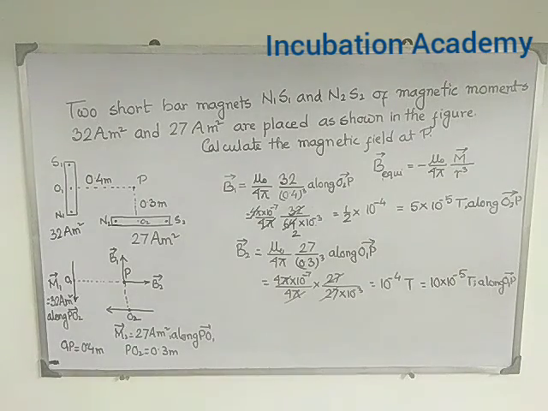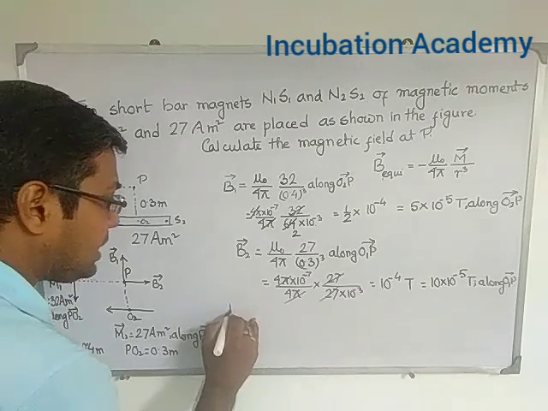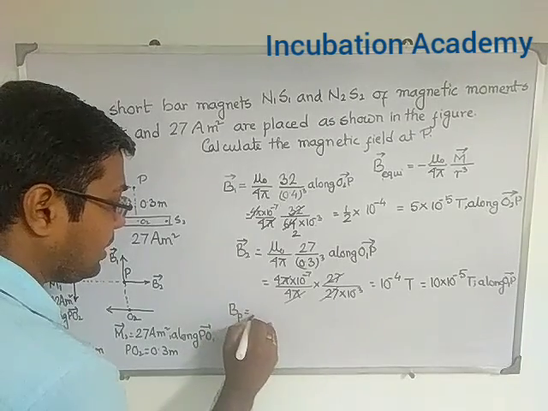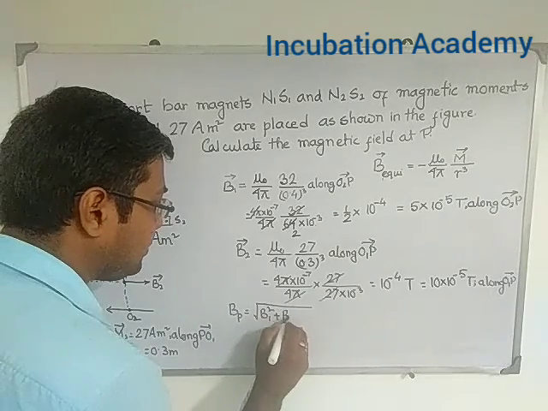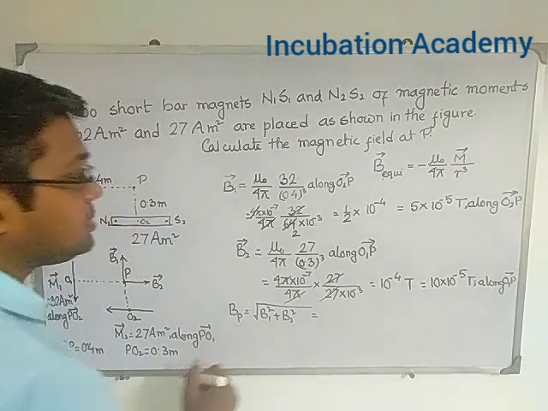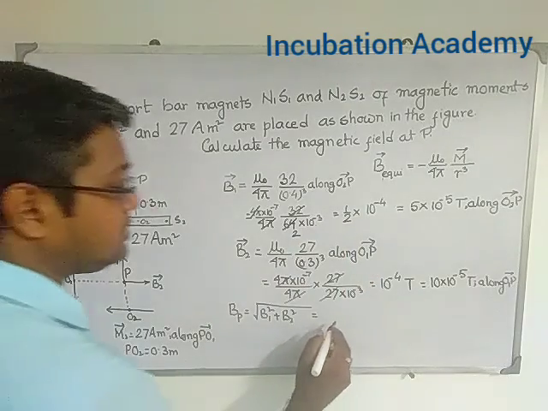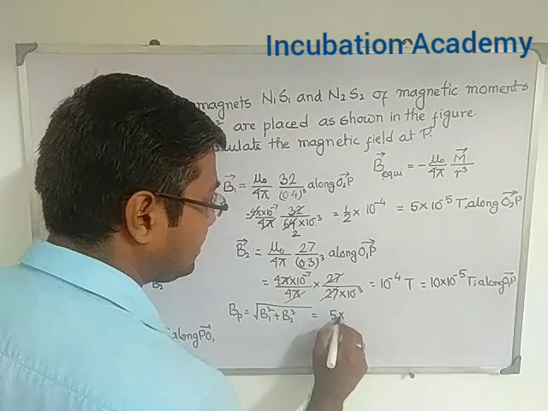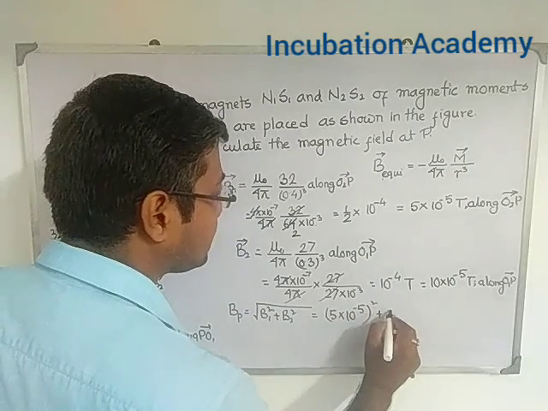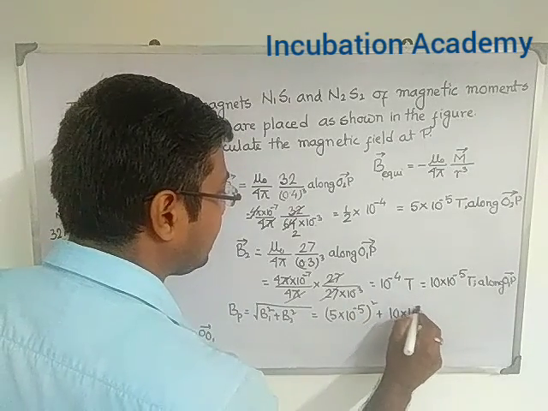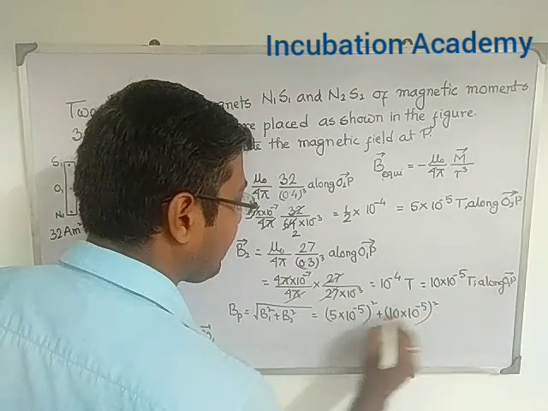Now B1 and B2 are perpendicular to each other. Since they are perpendicular, the magnetic field at the point P, that is BP, is obviously the square root of B1 squared plus B2 squared. B1 is 5 into 10 to the power minus 5, whole square, plus 10 into 10 to the power minus 5, whole square.